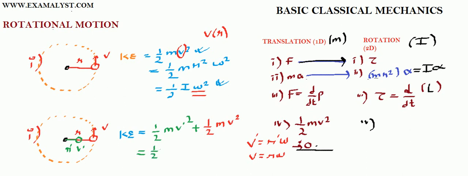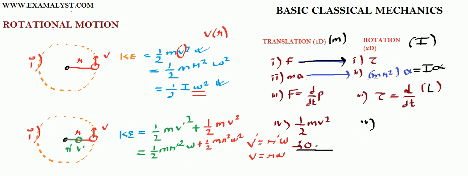So this will be half m, and v dash is r dash into omega, so r dash square omega square. And then what will be the kinetic energy of the second ball in terms of omega? This will be half m, we have an r square and an omega square.